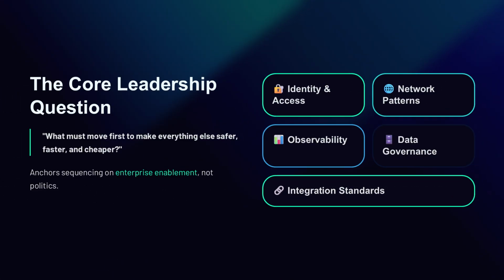Now that you understand the failure modes, you need a guiding question that keeps phase F practical. You ask, what must move first to make everything else safer, faster, and cheaper? This usually points to foundations such as identity and access, network patterns, observability, data governance, and integration standards.